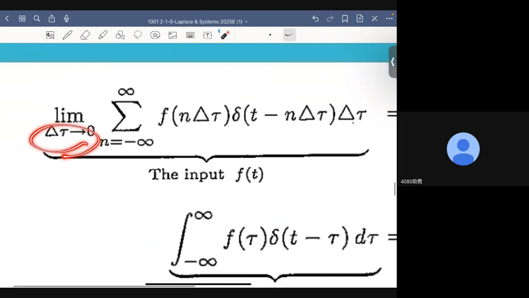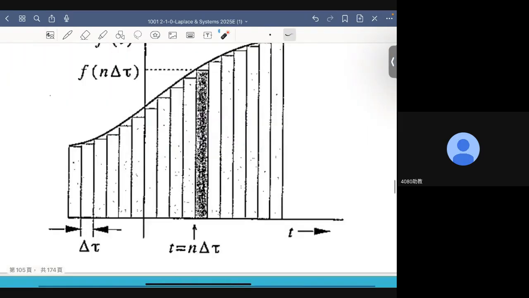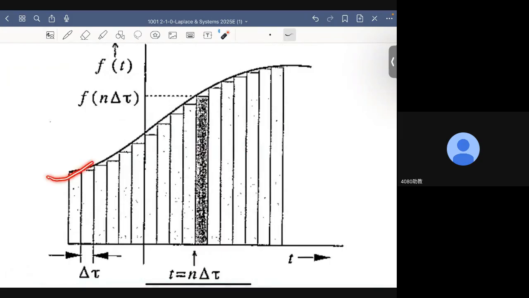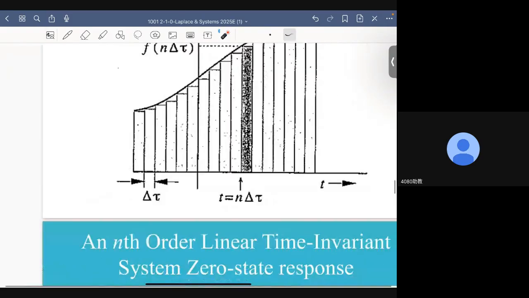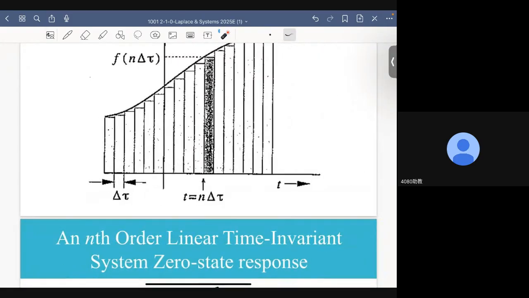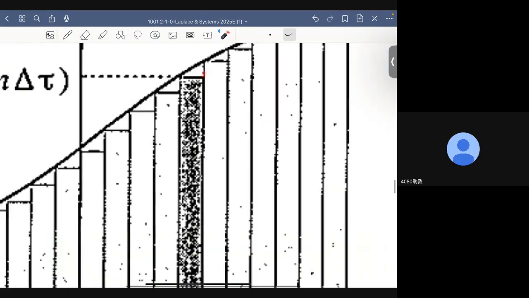Now, we can see from these figures that there is a difference between the area under the curve of f and the area of these rectangles, right? There is always a gap between them. However, it is easy to see that if I reduce delta tau, then such a discrepancy will also be reduced.